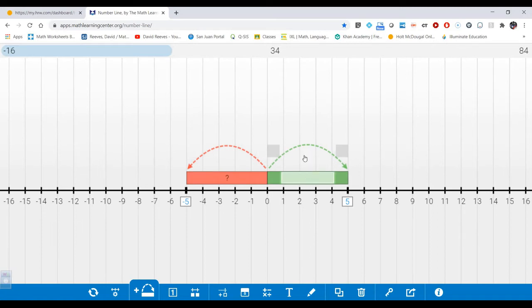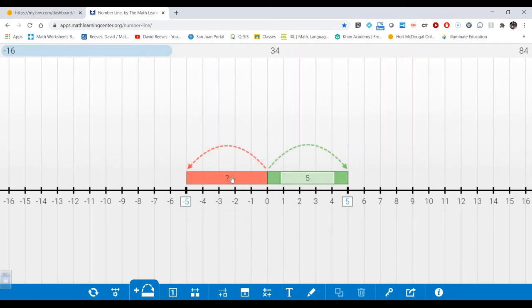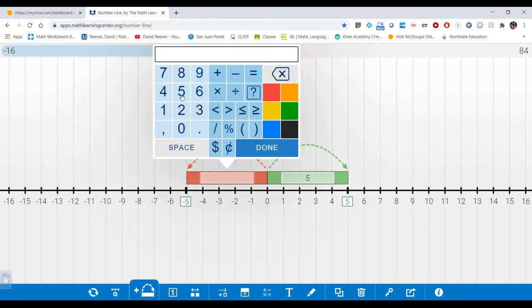So that one is 5 that way, and that one is 5 that way, okay?